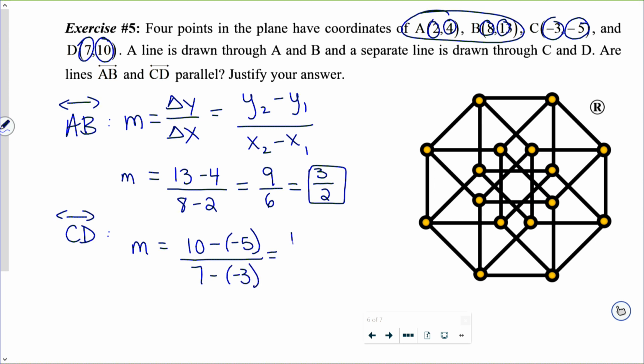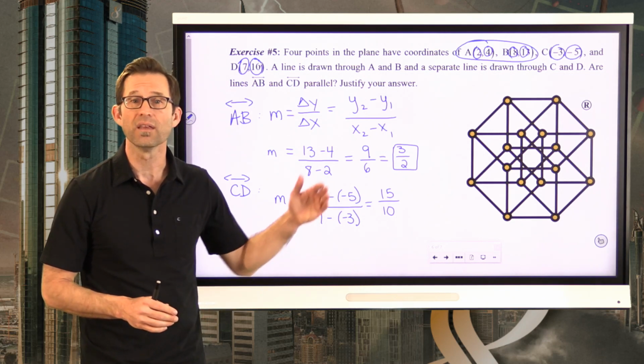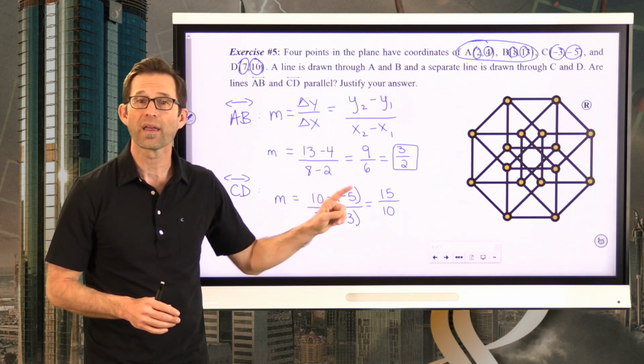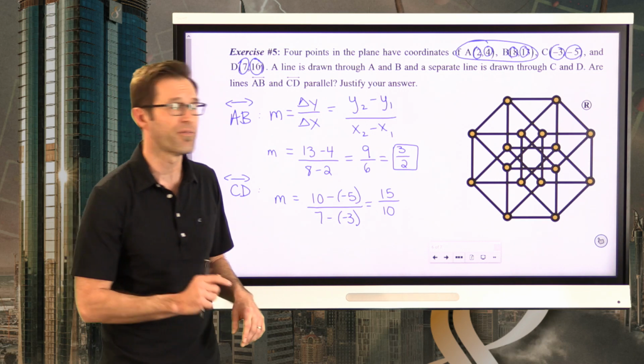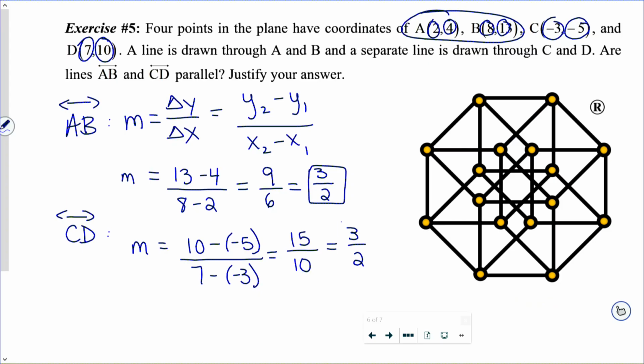Again, 10 minus negative 5 is the same as 10 plus 5, so that's going to be 15. 7 minus negative 3 is the same as 7 plus 3, so that's going to be 10. So without doing any kind of simplification, I find that the slope of line CD is 15/10. But I can divide both 15 and 10 by 5 to reduce this slope to 3/2.